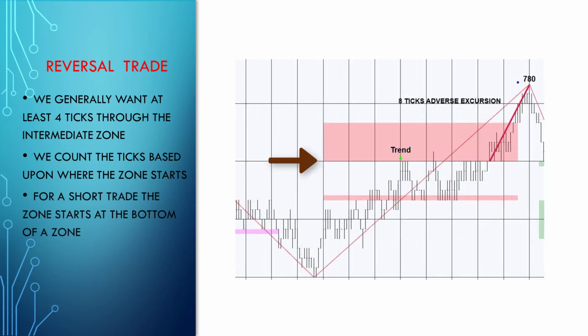And if we have a short trade, we start counting at the bottom of a zone. Anytime ZoneTraderPro makes a statistic, it's based upon these areas where maximum favorable excursion and maximum adverse excursion start.